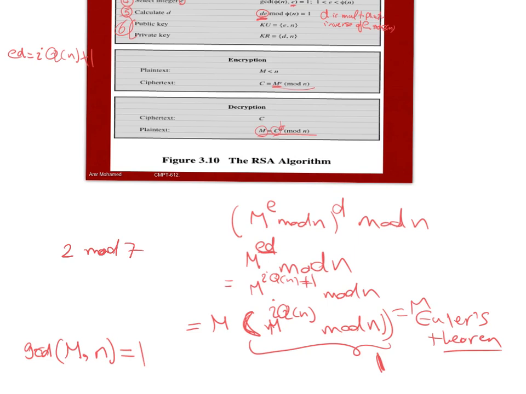Simply 2. Okay, what if I tell you 2 to the power 90,000 mod 7?